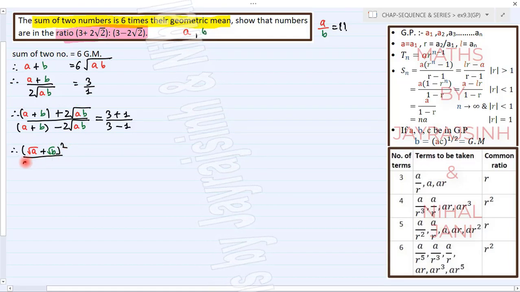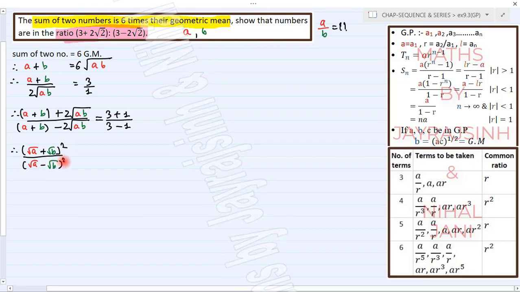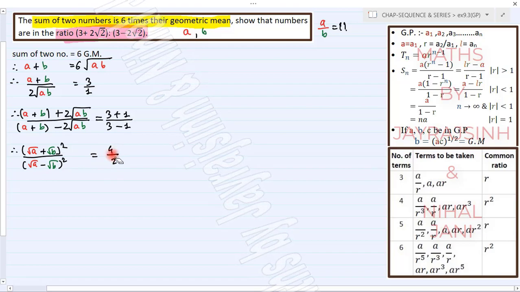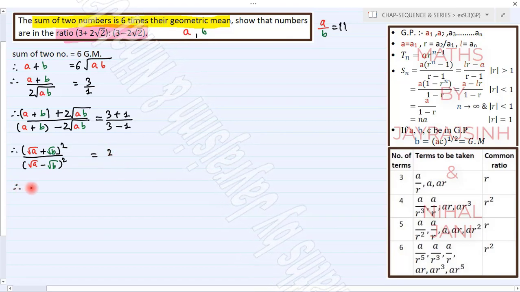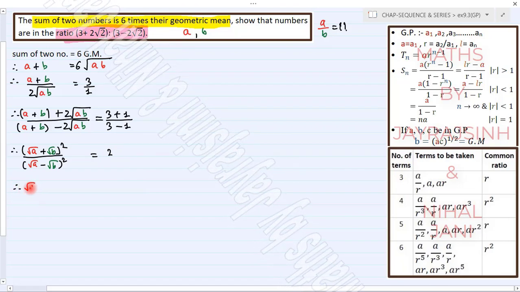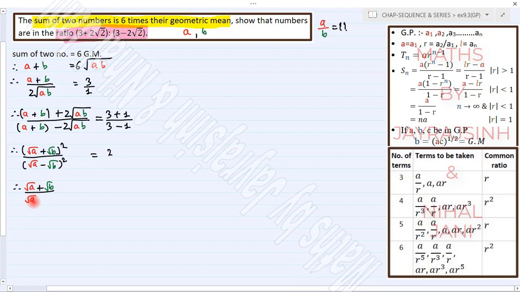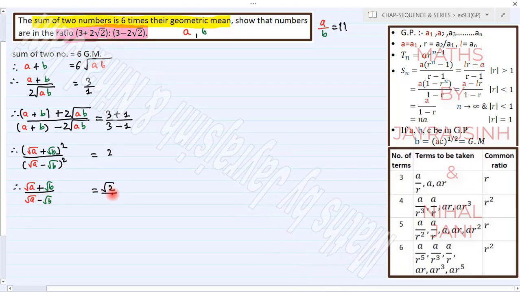Similarly, in the denominator we have root a minus root b the whole square is equal to 4 by 2, or we can say 2. Now let's take root on both sides. So we'll get root a plus root b upon root a minus root b is equal to root 2.